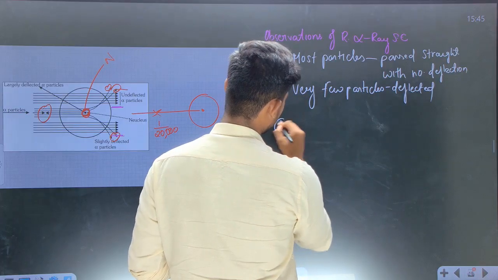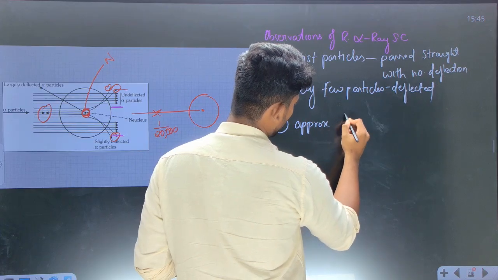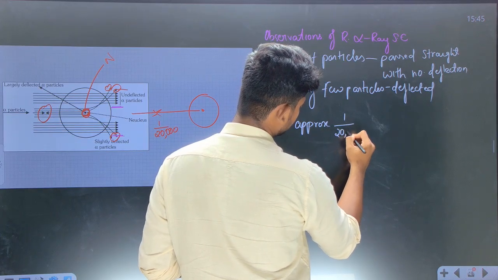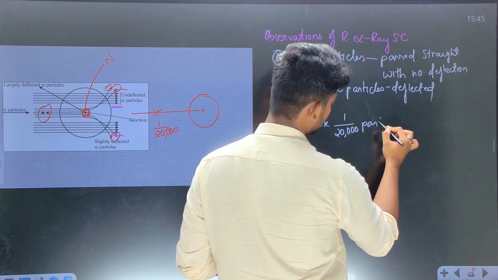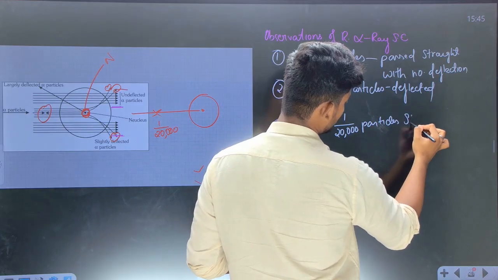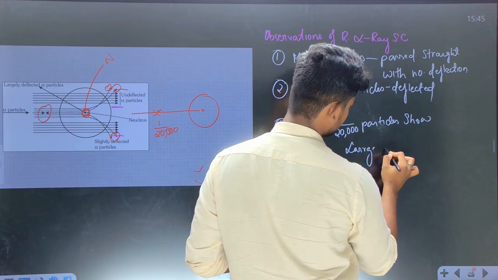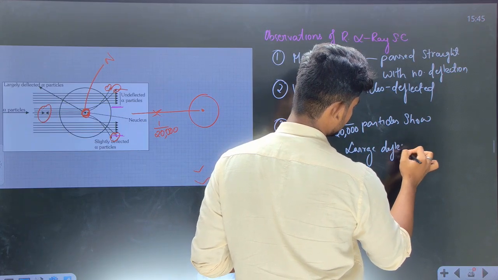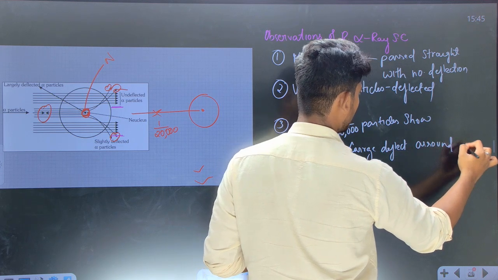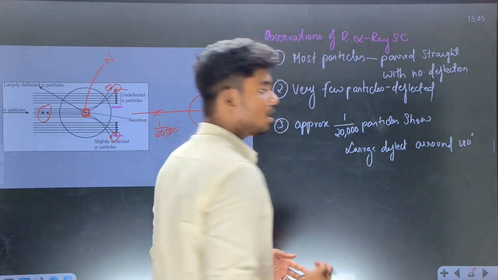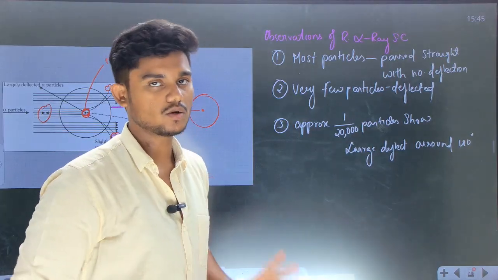So approximately 1 out of 20,000 particles show a large deflection of around 180 degrees. That large deflection was seen only in 1 out of 20,000 particles.